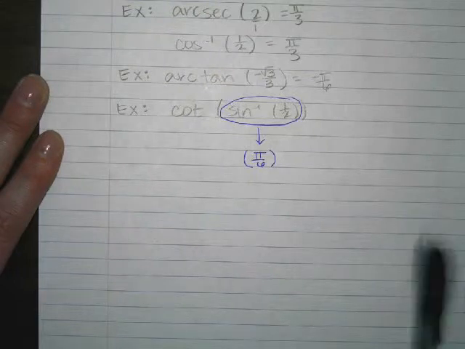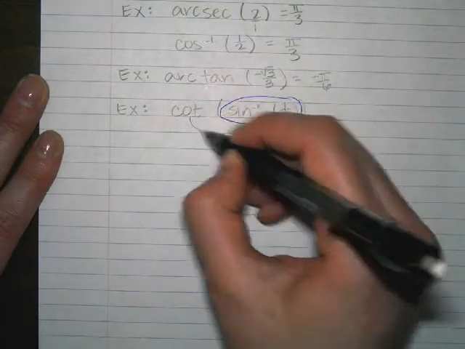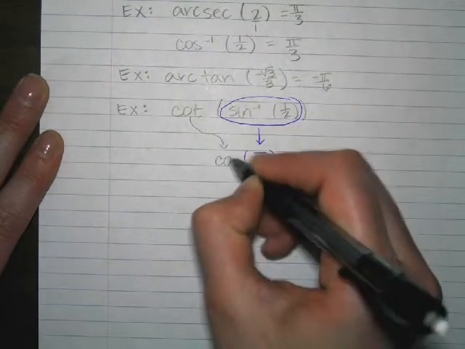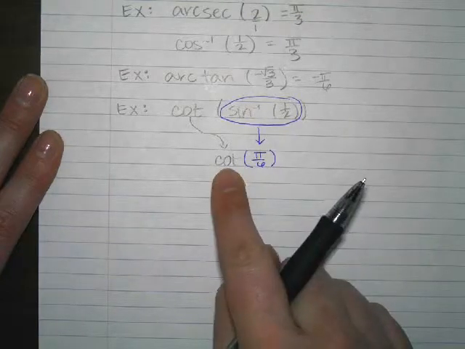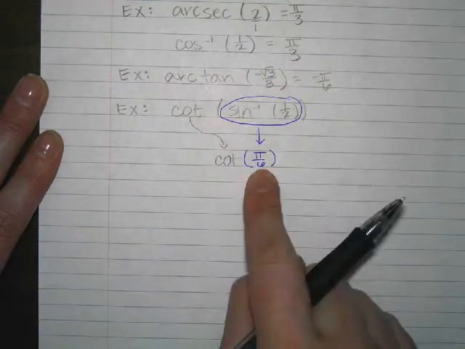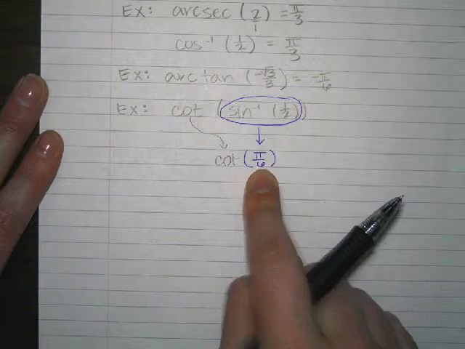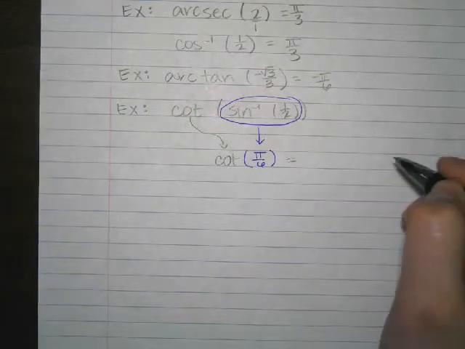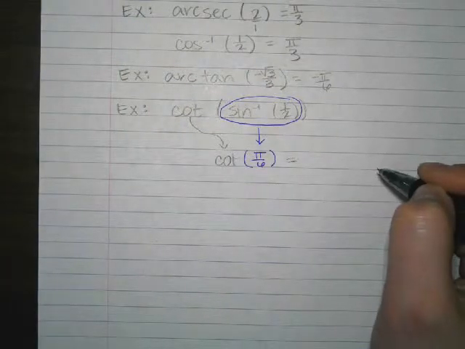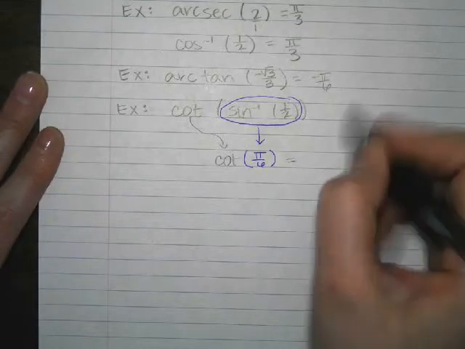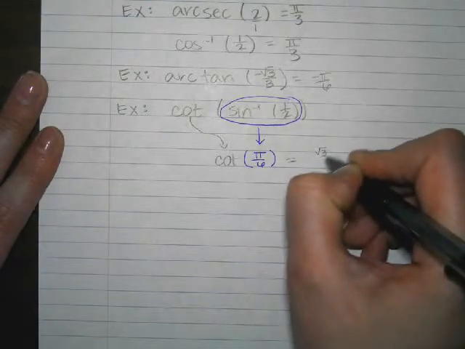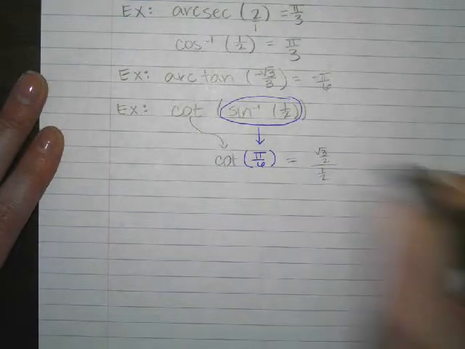And then I'm going to bring the outside back into the problem, and my job now is to find cotangent of pi over 6. So cotangent is x divided by y, right? Which would be root 3 over 2 divided by 1/2.